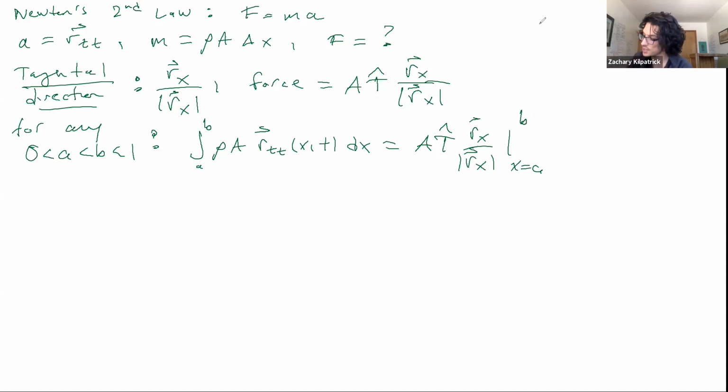So that's it. This is mass times acceleration, because we have to integrate density to get mass, and it is equal to the force that's producing that, okay?